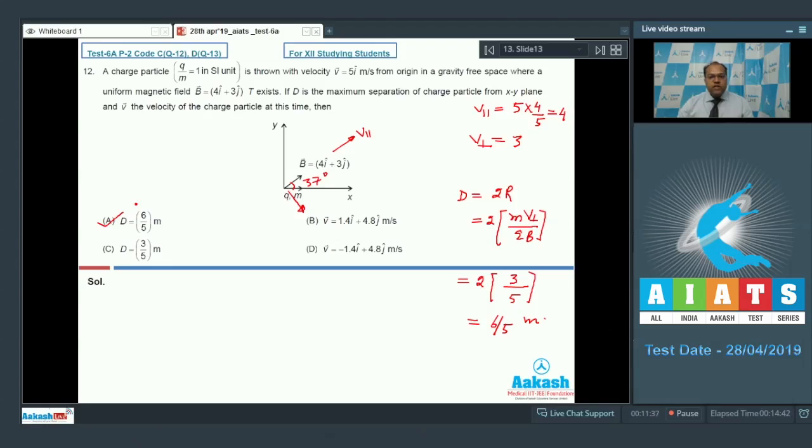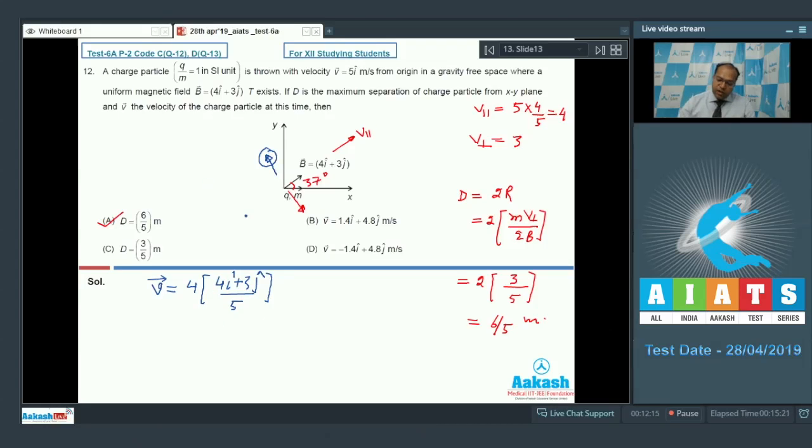Now we have to find out what the velocity of the charged particle is at this instant when d is equal to 2r. At this instant we can see that the perpendicular velocity is in this sense, and if I write the velocity, the v parallel component is 4 into (4 i cap plus 3 j cap) by 5. If I write this velocity in x and y, it can be written in this way.